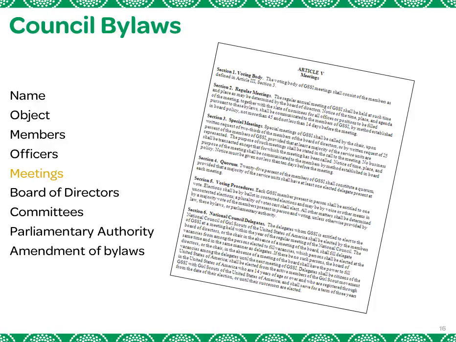For a meeting to be considered valid, it must meet a minimum representation, or quorum. Per our bylaws, 25% of the members of GSSI will constitute a quorum, provided that a majority of the service units have at least one elected delegate present at each meeting. Voting procedures allow for votes in uncontested elections.